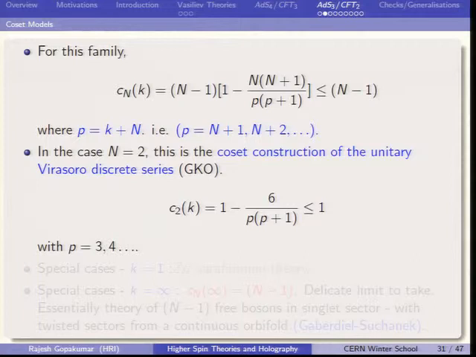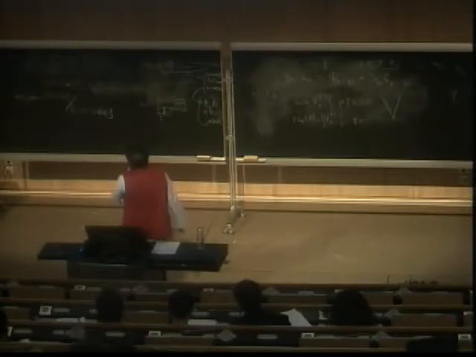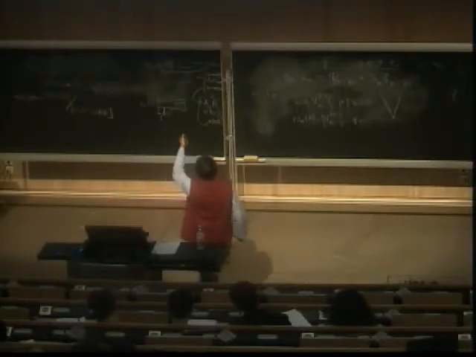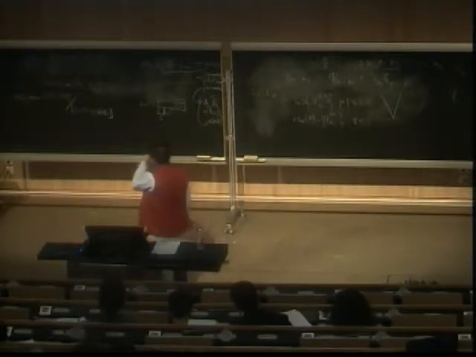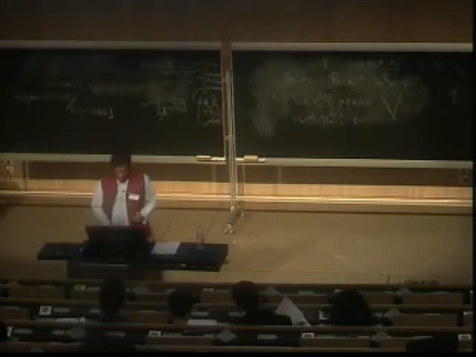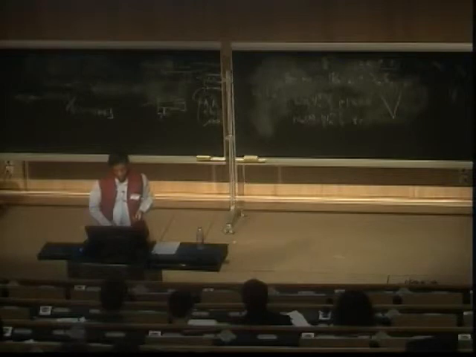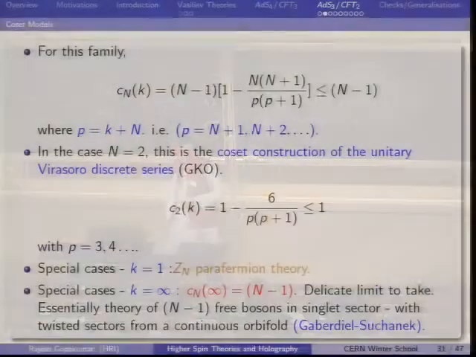So this class includes the Ising model and other familiar models of statistical mechanics at criticality. For the general n, if you take k equal to 1, that's the first element in the series. That's also a fairly well-studied theory. It's the so-called Zn parafermion theory. It's a Zn generalization of the Ising model, which is the n equal to 2, Z2 case.